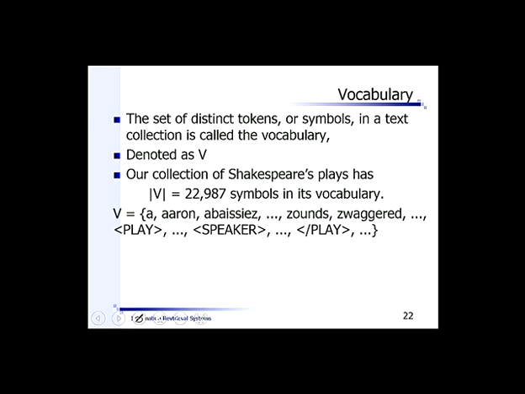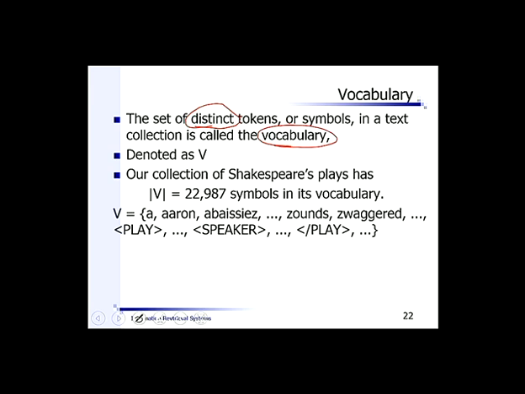Vocabulary. The set of distinct tokens or symbols in a collection is called the vocabulary. Distinct means the unique tokens. In every document collection, many words will be repeated several times. So if we remove those repetitions and take the unique tokens or symbols, then it is called the vocabulary, right?